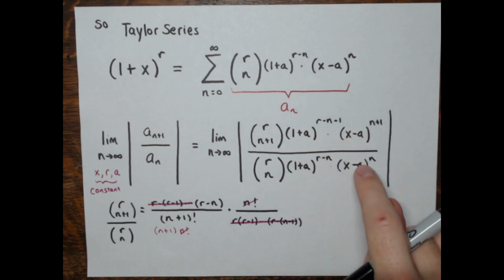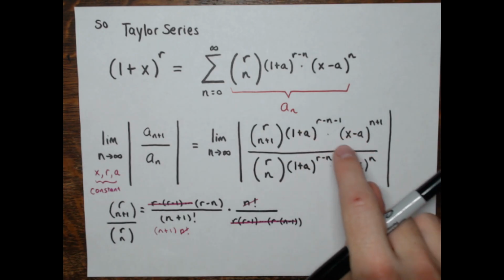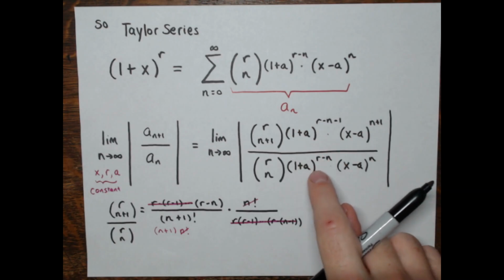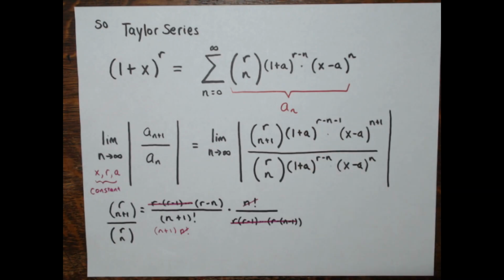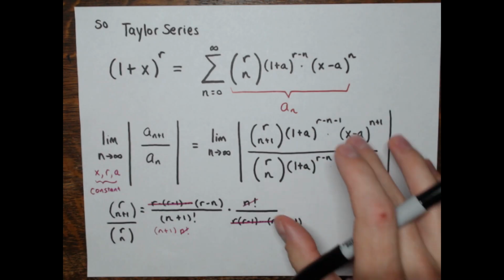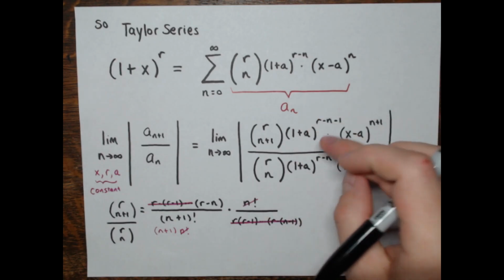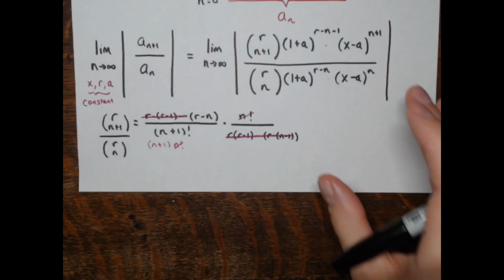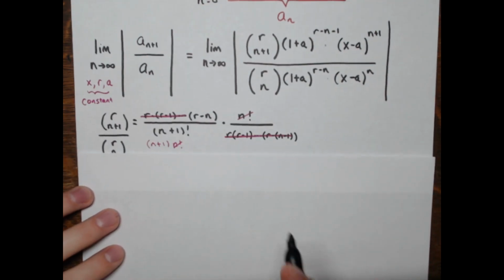And then for these other two things, one of the powers in the numerator is 1 higher and one is 1 lower, but you just do a division and subtract the powers, right?